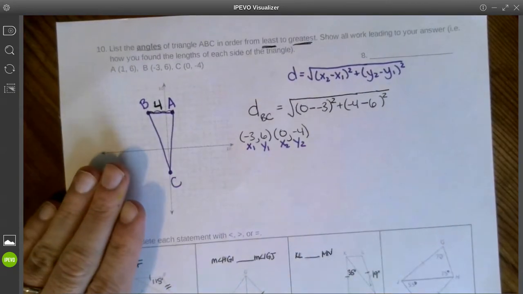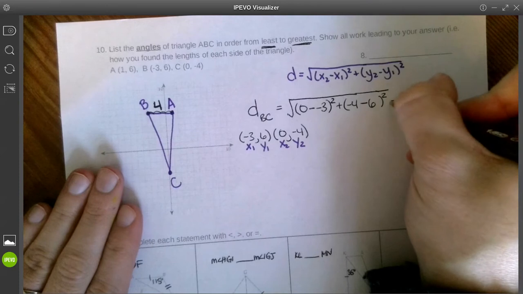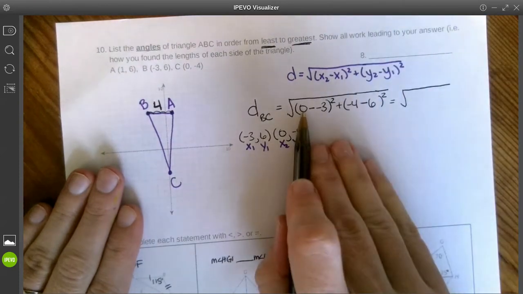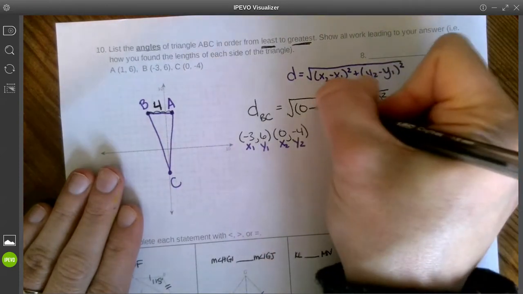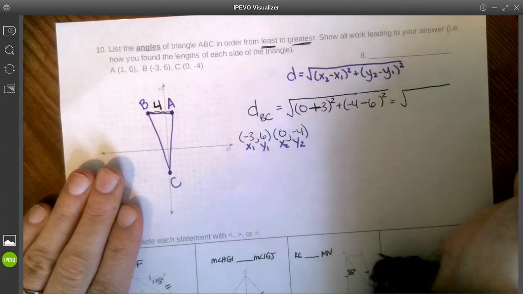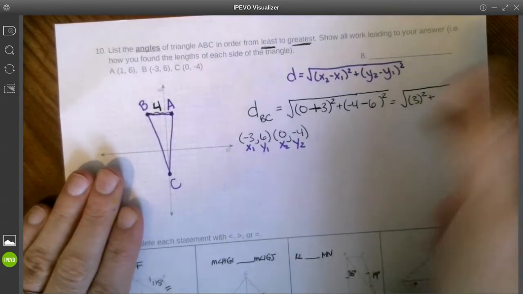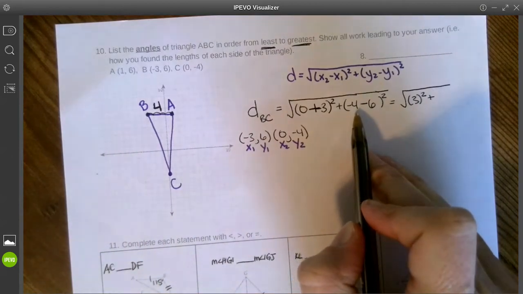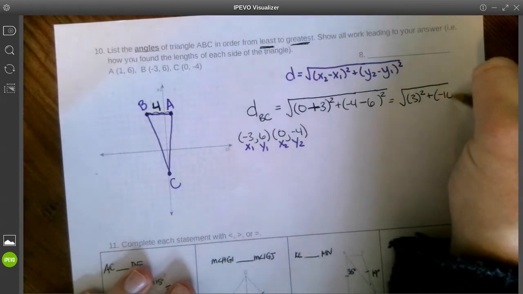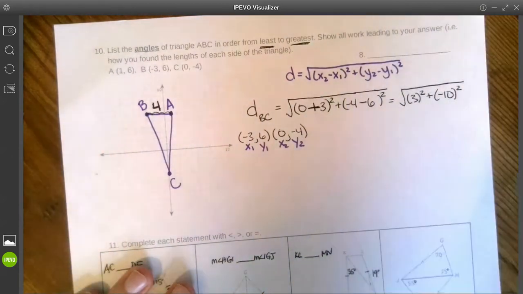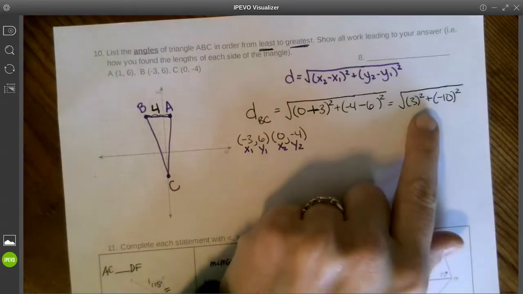I'm going to do what's in parentheses first. 0 minus -3 is the same thing as 0 plus 3. Negative 4 minus 6 is negative 10. Now I'm going to square these numbers.